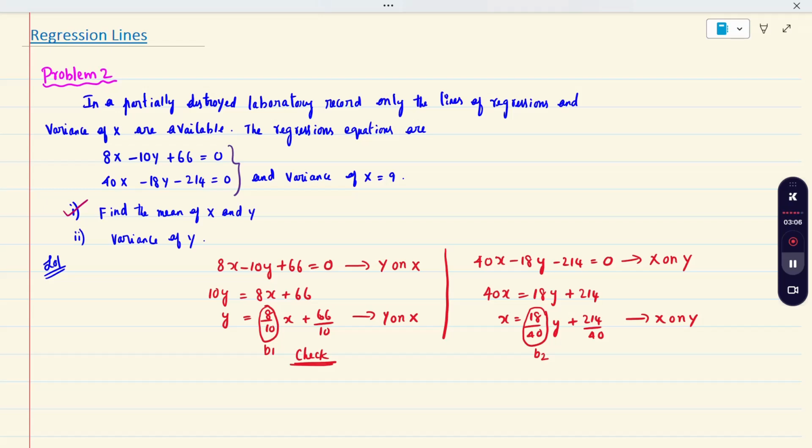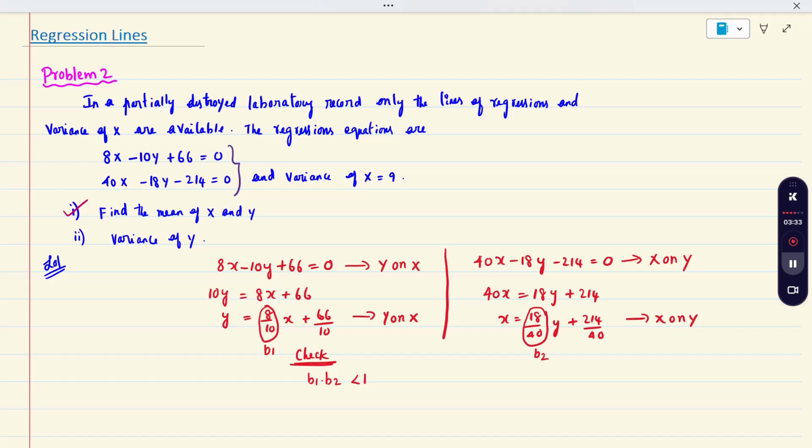The checking is nothing but b1 into b2. If it is less than 1, it is correct: whatever we have taken as y on x and x on y is correct. Sometimes, if we take the second equation as y on x and the first as x on y, we will not get less than 1. Then it is the wrong way, and you have to swap and take the opposite.